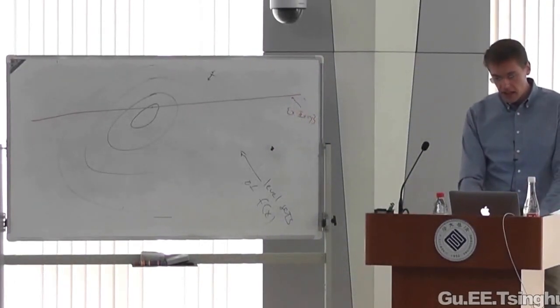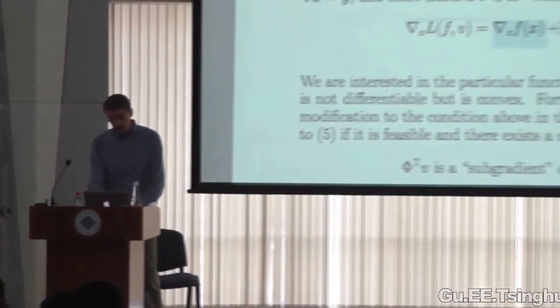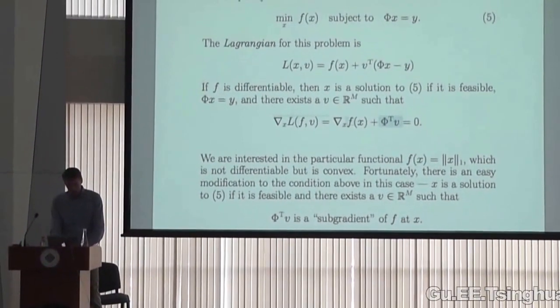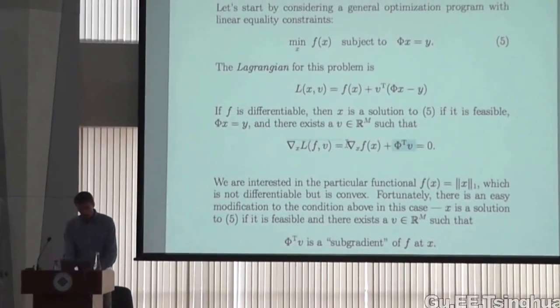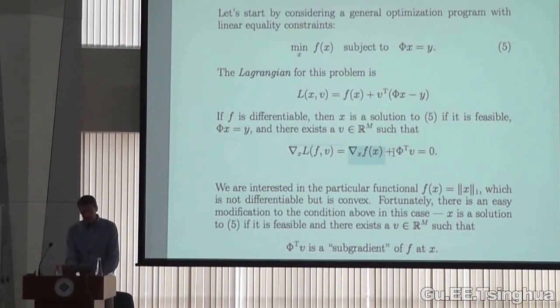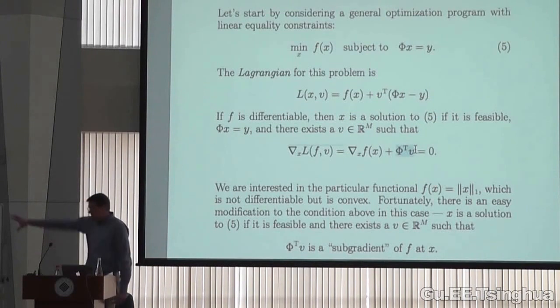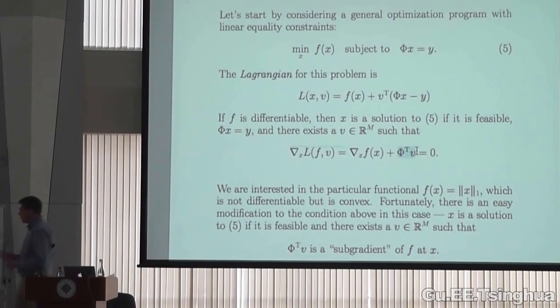It says basically I can build up the gradient out of a combination of the rows of phi. So in some sense it means the gradient, or the negative gradient, is in the linear span of the rows of phi. And that has a very obvious geometrical interpretation when you think about it.